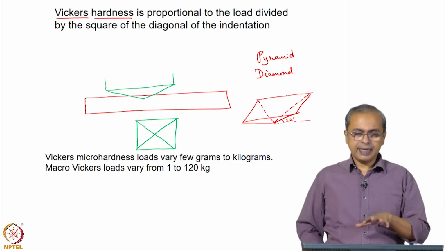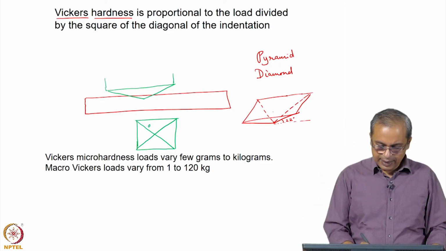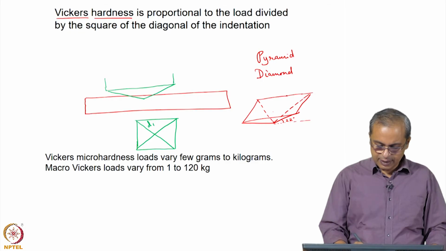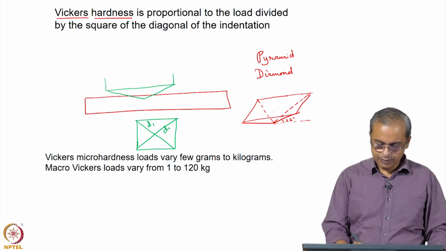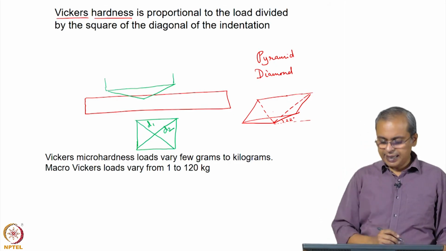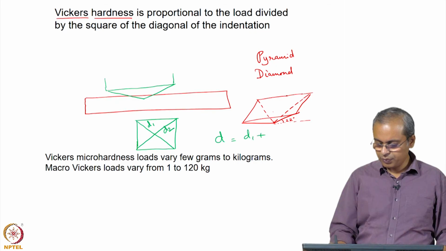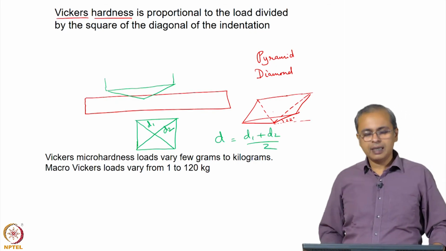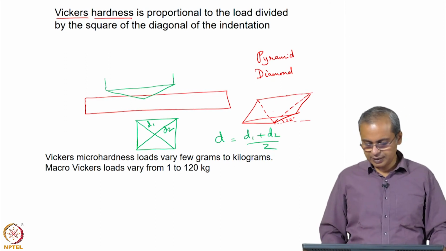So, what is typically done is to approximate it as a square, and so what we do is look at the 2 diagonals with the dimensions d1 and d2, and you take an average. So, d average, d is (d1 + d2)/2. It is just the average of the 2 diagonals, and that is used to help us do some calculations.